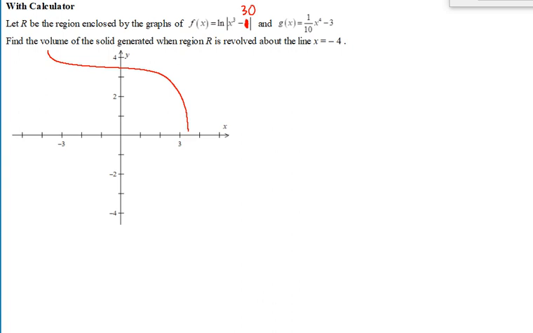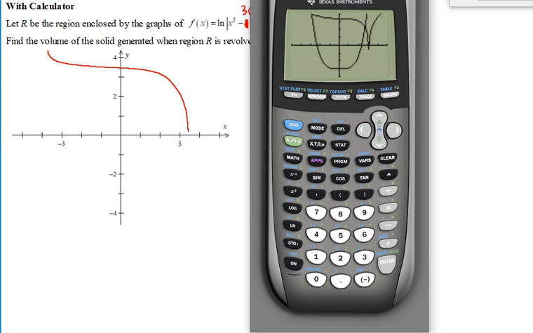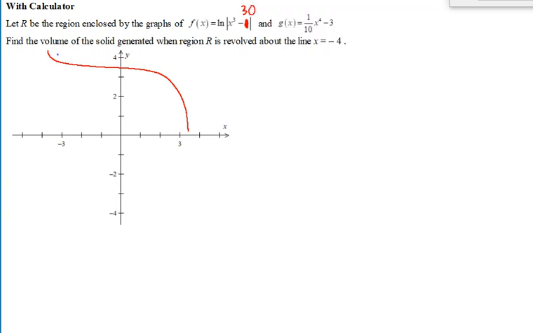And then for g of x, let's see, it kind of looks like a wide parabola in a way, shifted down 3. So it looks something like this. Just so you can see that region enclosed. And we draw a representative rectangle somewhere in there.